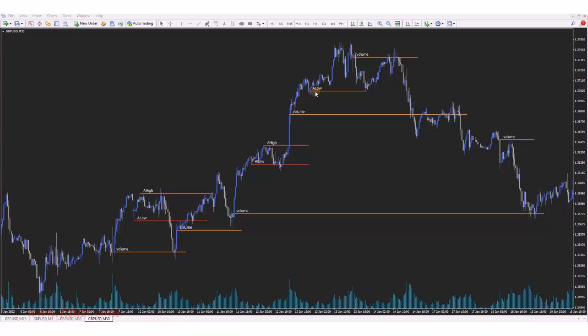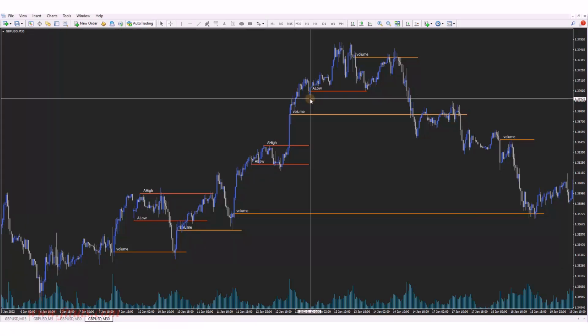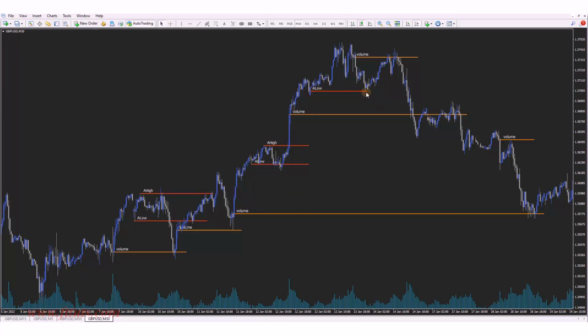Here is something special, because you can see that the candle opened lower than I marked my Asian low. Please just avoid the differences between brokers.